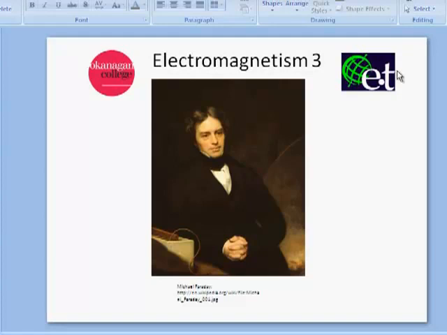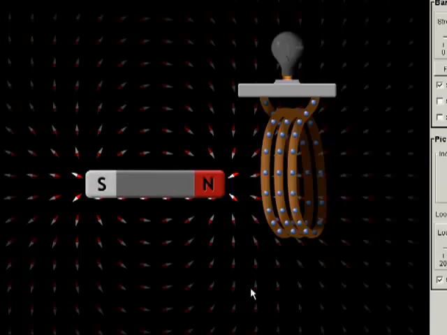Now, I'm not going to tell you what Faraday's law is yet. I'm going to show you a couple of animated experiments. This is from the PhET webpage, and you can find all sorts of great physics and science animations there.